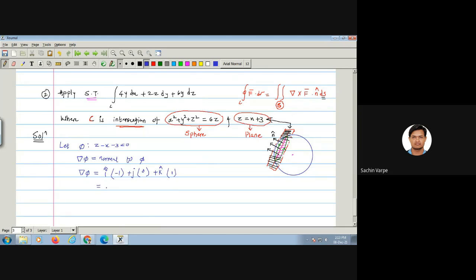So it will be minus i cap plus k cap, that is del phi.